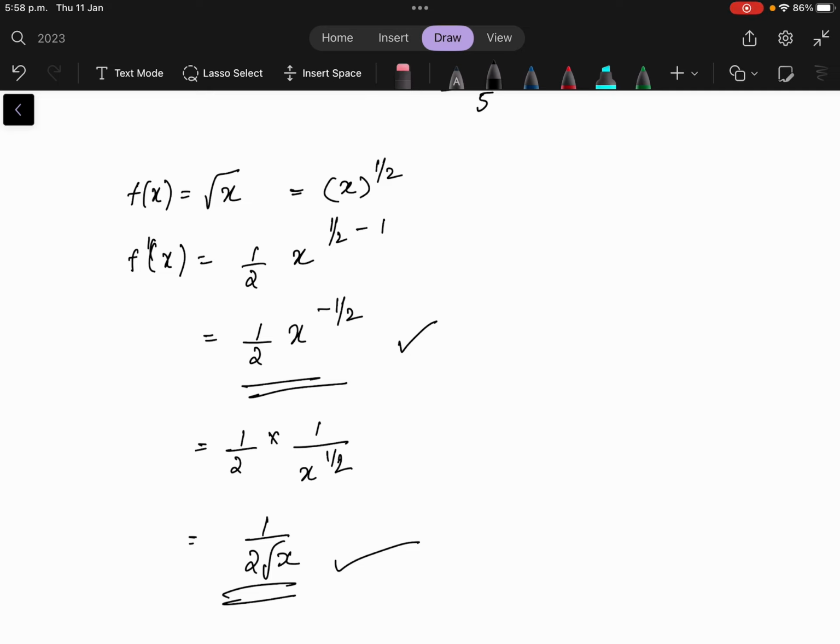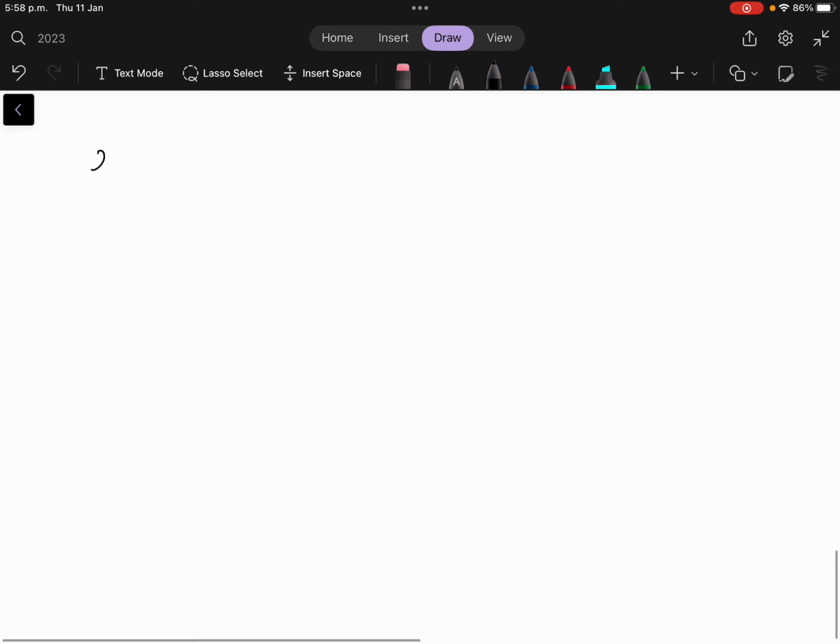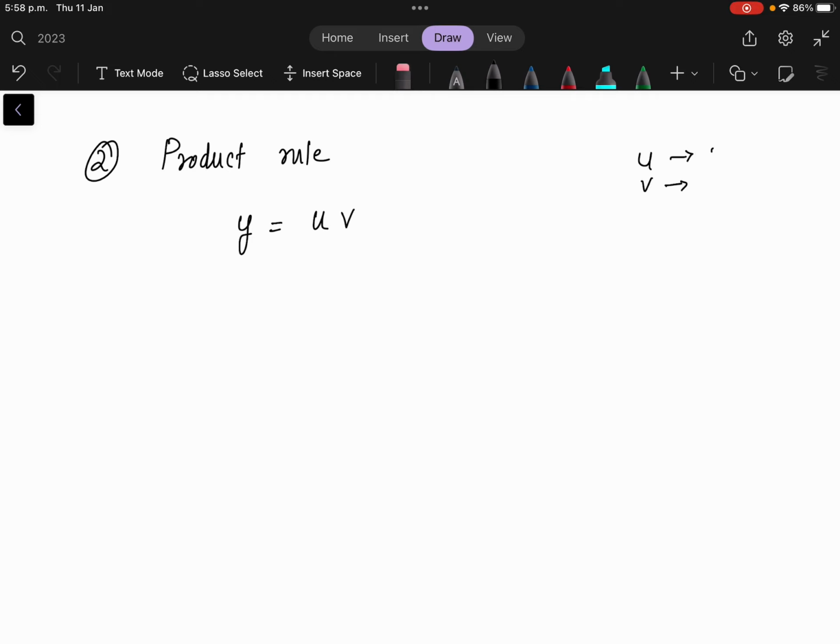Okay. Now the second rule is product rule. Product rule works if y is a function or f of x is a function uv, where u and v are two functions of x.